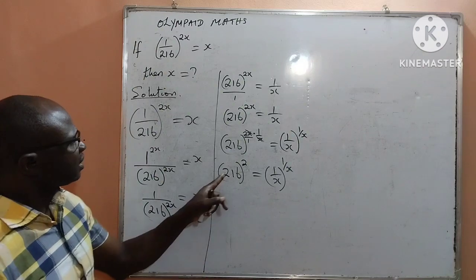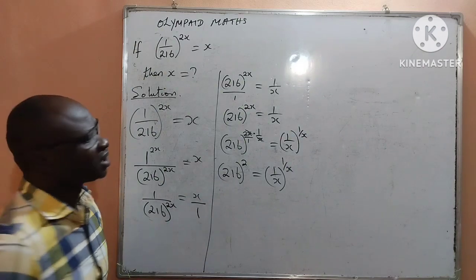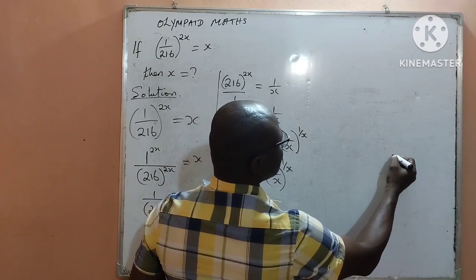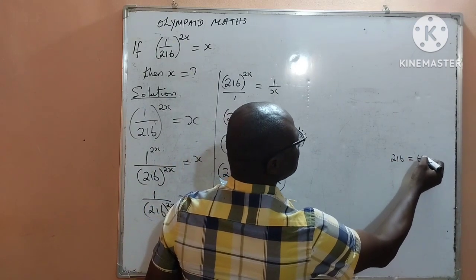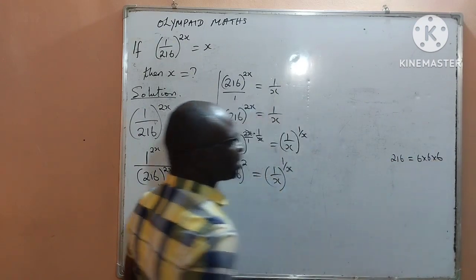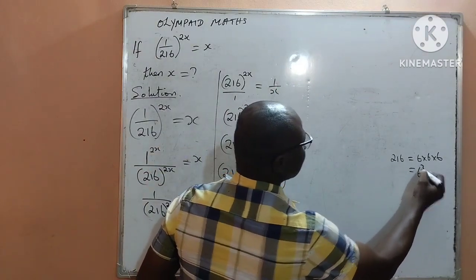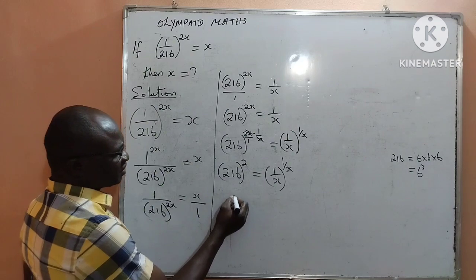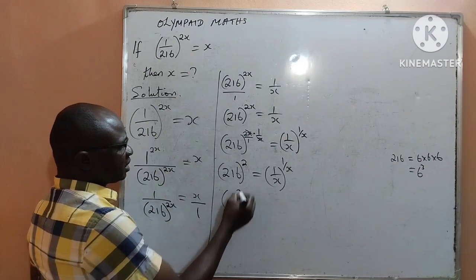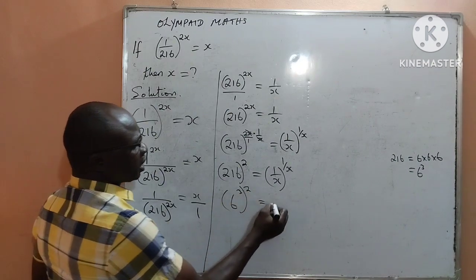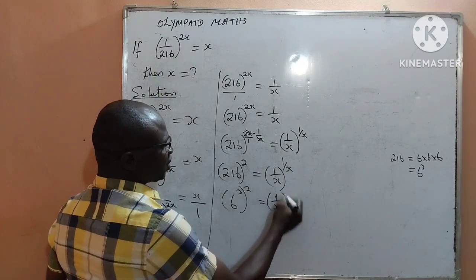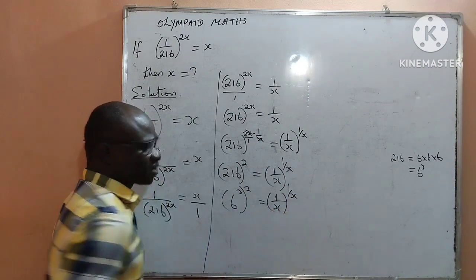Alright. Now, 216 is 6 multiplied by 6 multiplied by 6. In other words, it is equal to 6 raised to the power 3. So I can write 216 as 6^3, then all to the power of 2, equal to (1/x)^(1/x).